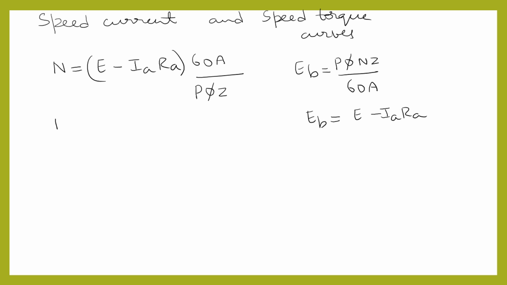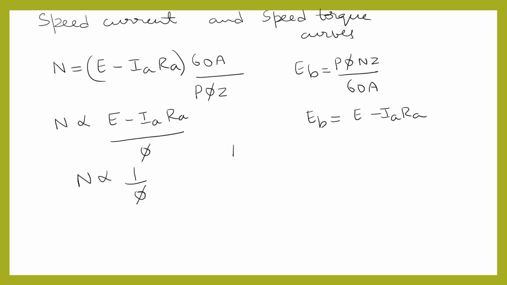So we can conclude that N is proportional to E minus IaRa by phi, since the number of poles P is constant, number of armature conductors Z is constant, and number of circuits in the armature winding A is constant. Therefore, the expression reduces to N inversely proportional to phi.